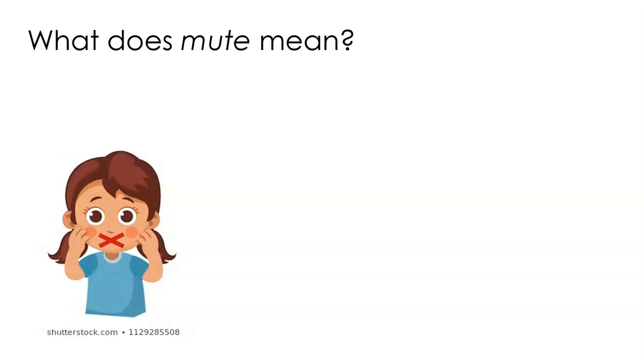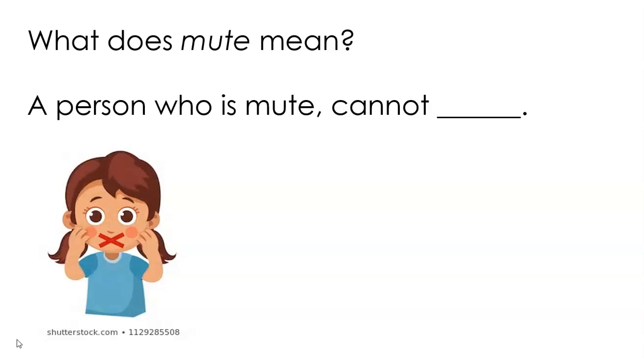So using this background knowledge about red lines and the girl who cannot speak, let's look at this question. What does mute mean? A person who is mute cannot what? Speak. A person who is mute cannot speak.